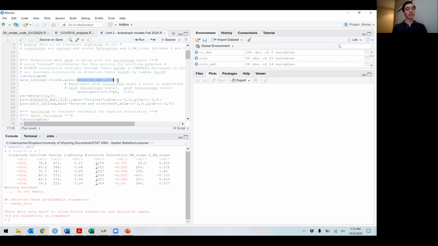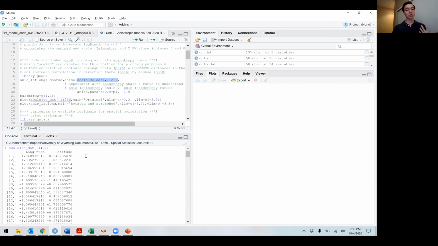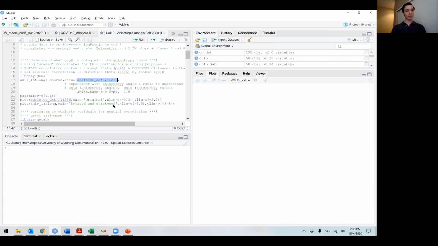Here, I simply turn these into z-scores. It preserves our interpoint distances. It preserves the locations. It just changes the units from decimal degrees to centered and scaled decimal degrees. That's all it does. Okay, so this is a helper function inside of GeoR, and we will start with an anisotropy angle of 0.